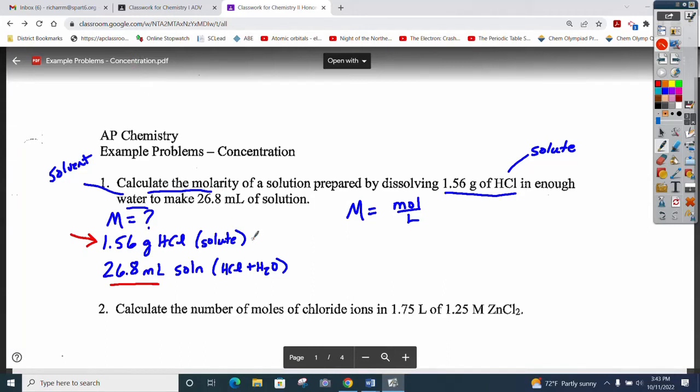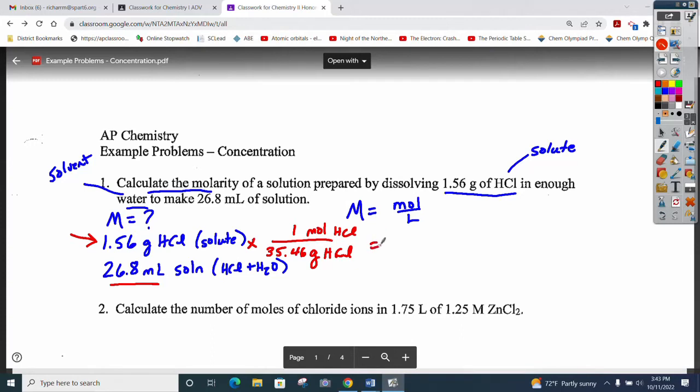So I'm going to take the grams of HCl and change that to moles using what I taught you in the last unit. Grams needs to go on bottom so that it cancels. Moles goes on top. For every 1 mole, I need to get the molar mass from the periodic table. So on the periodic table that I'm using, the molar mass is 35.46.